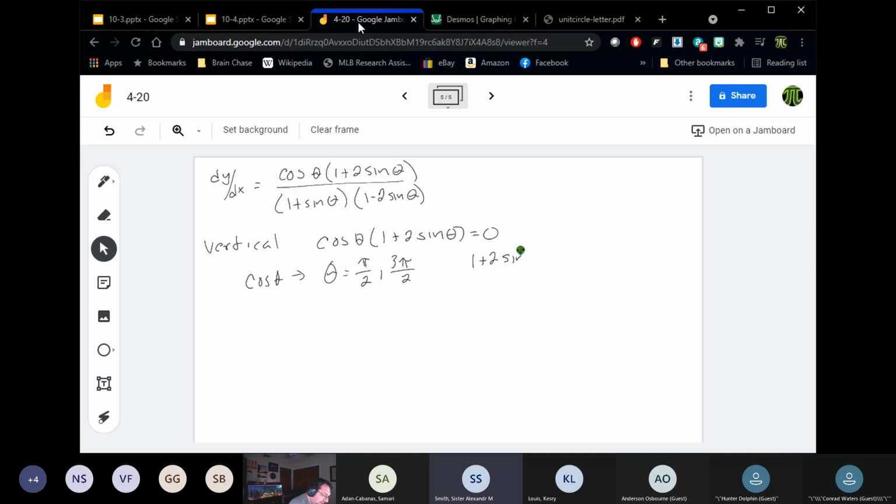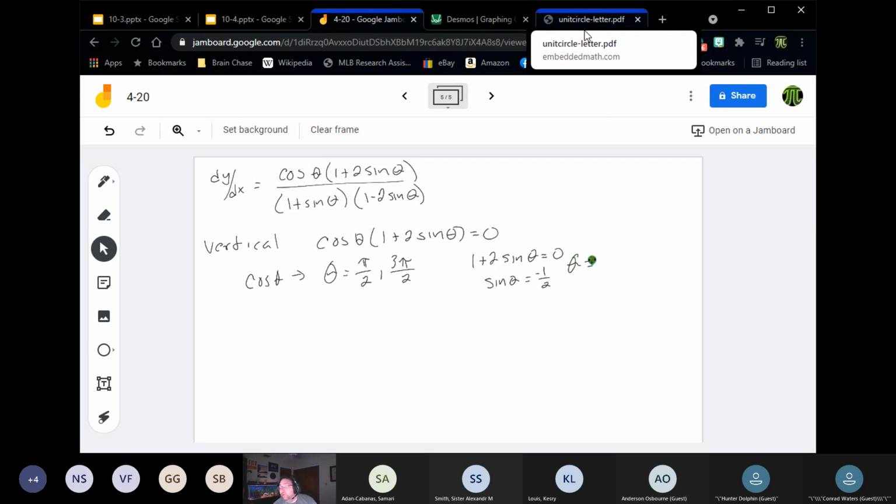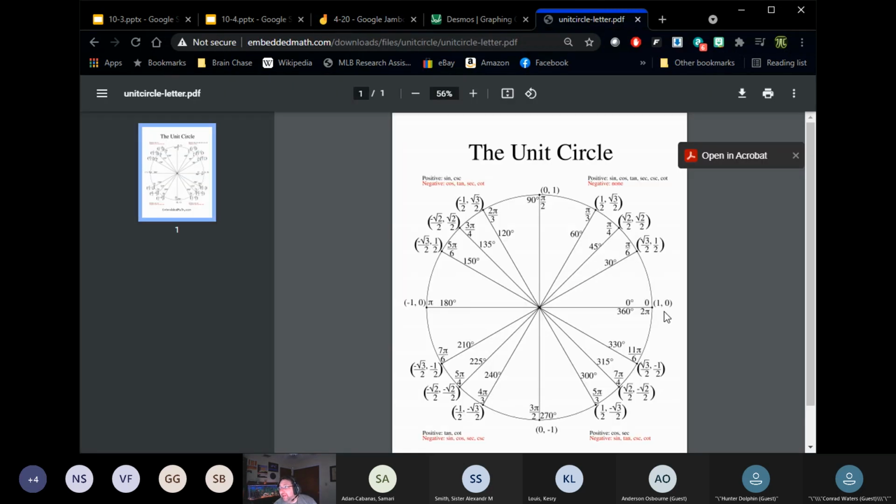All right. Now, for the 1 plus 2 sine theta equals 0, I have to solve this. So this is going to end up being sine theta equals -1/2. If we go back to my unit circle, we're looking for the values of sine that give me -1/2.